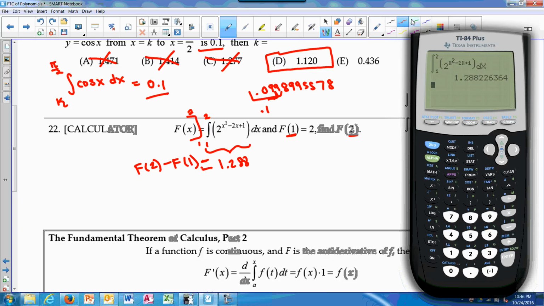Now this tells me that F of 1 is equal to 2.